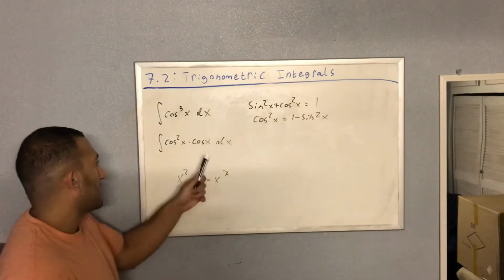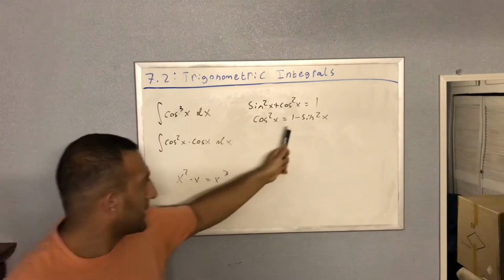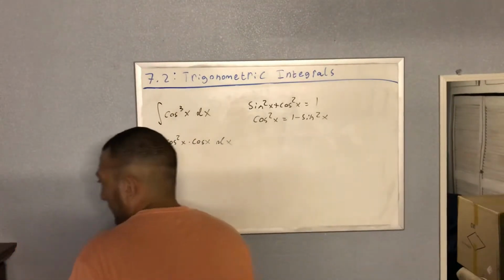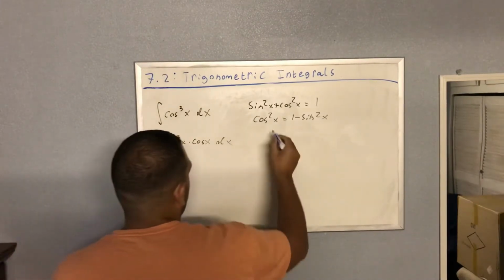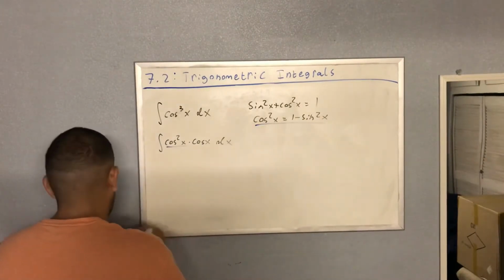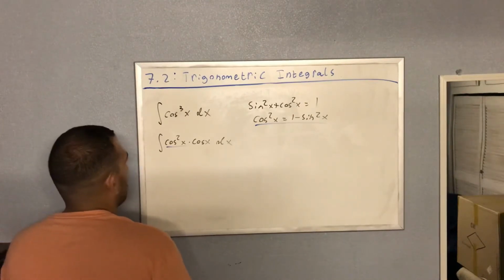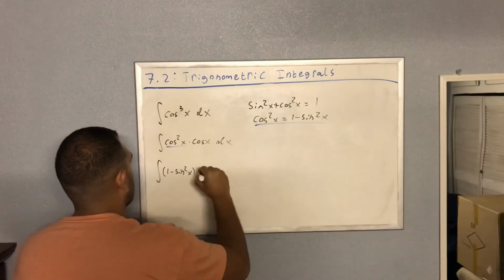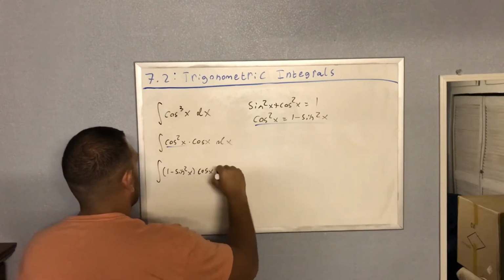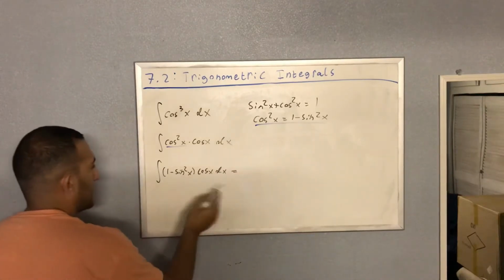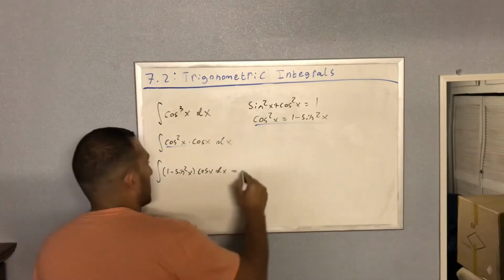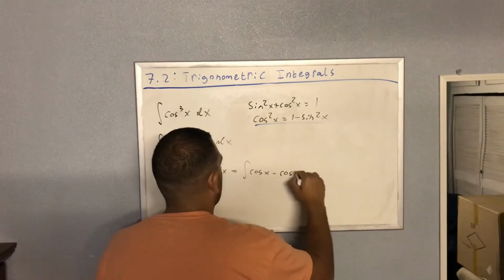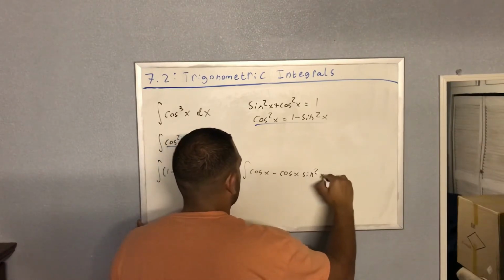So we broke it up into this, and now cosine squared here is going to get replaced with that. So now we have 1 minus sine squared x times cosine x. And now let's distribute the cosine. So this becomes the integral of cosine x minus cosine x times sine squared x.